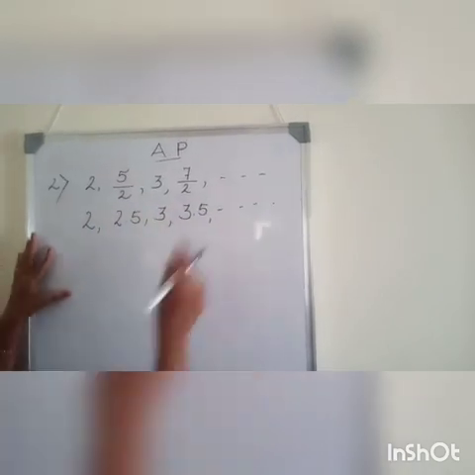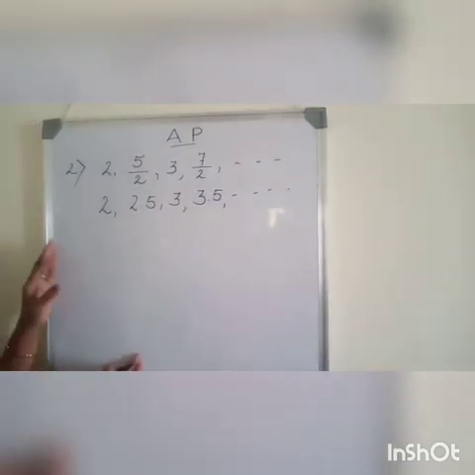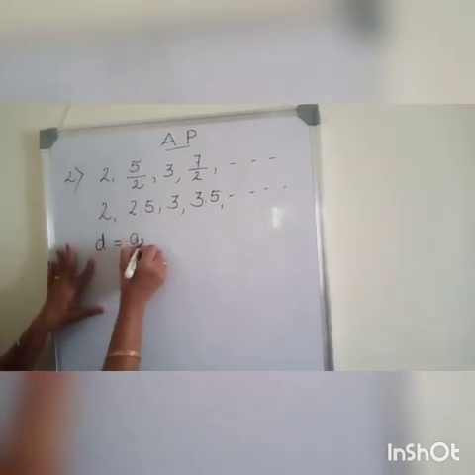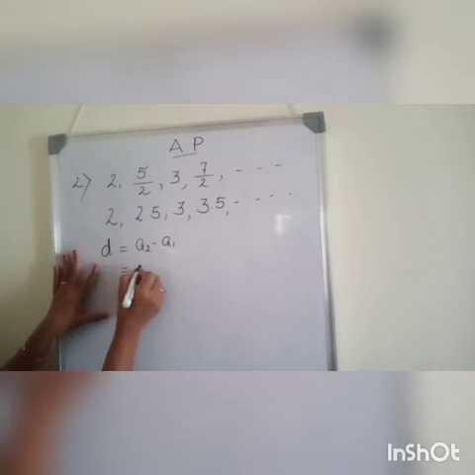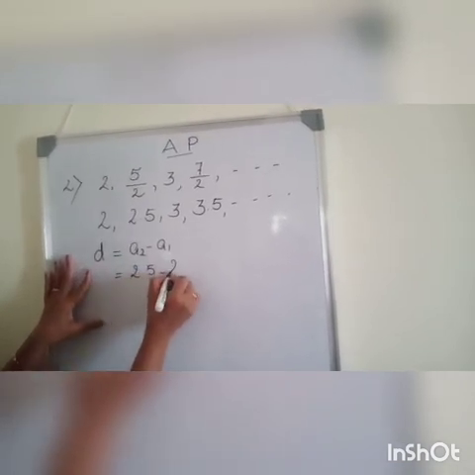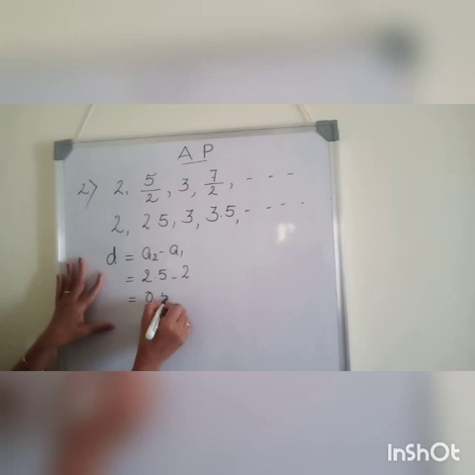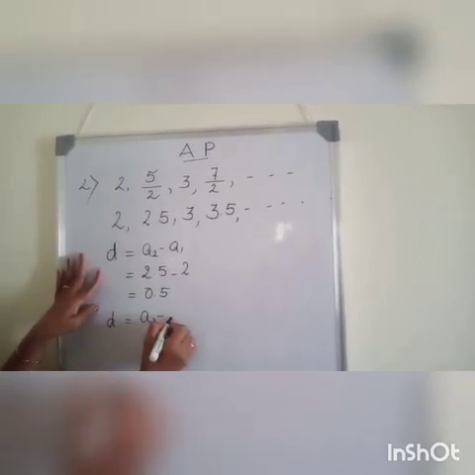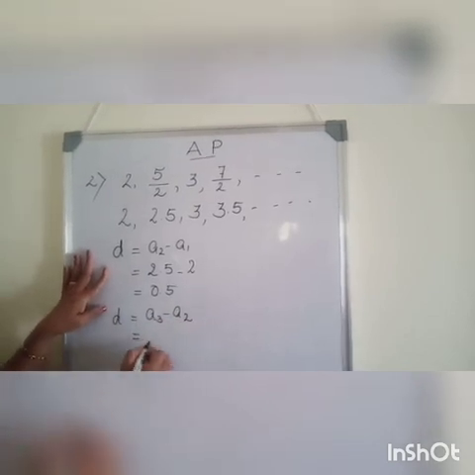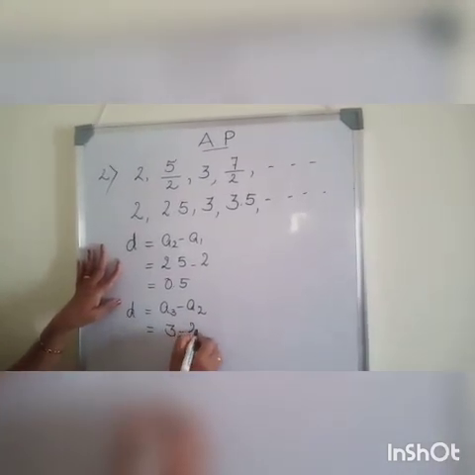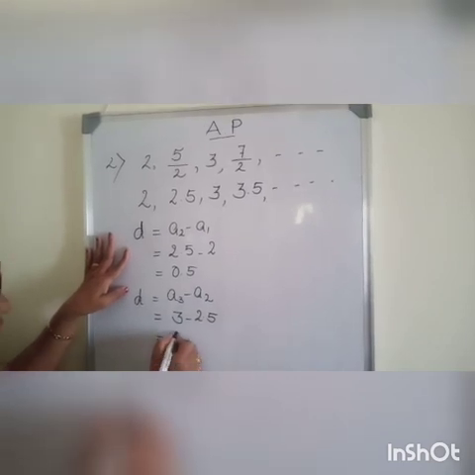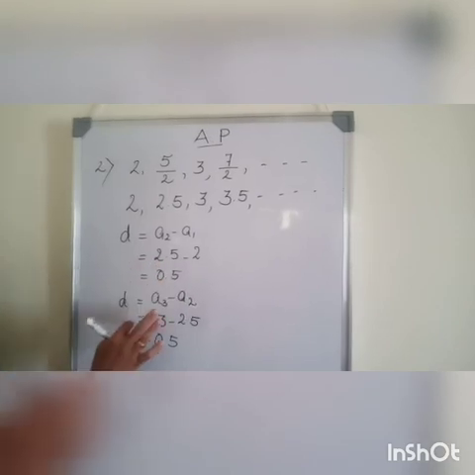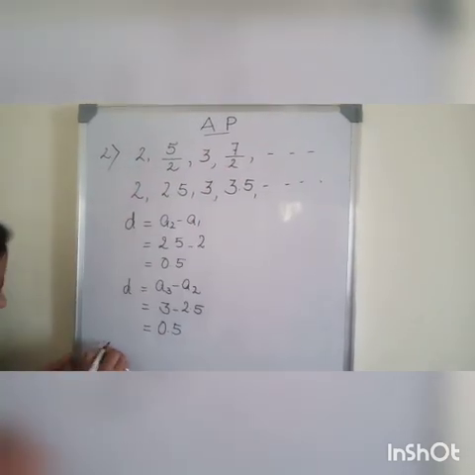When we write like this, it is easy to find out the common difference. So here we are going to find out the common difference D. D is equal to A2 minus A1 is equal to 2.5 minus 2 is equal to 0.5. Once again we will check. D is equal to A3 minus A2 is equal to 3 minus 2.5 is equal to 0.5. So as the common difference is same, we will confirm that this is an AP.